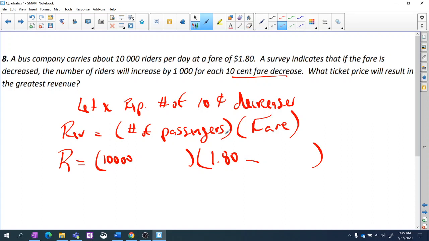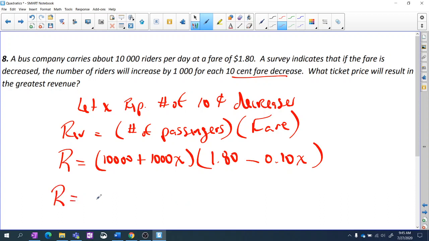This is in dollars, $1.80, so 10 cents is 0.10 for every price decrease. When I put the price down, I'm going to get more passengers on the bus. How many more? 1,000. So I'm going to take my 10,000 and it's going to go up 1,000 for every 10-cent decrease.